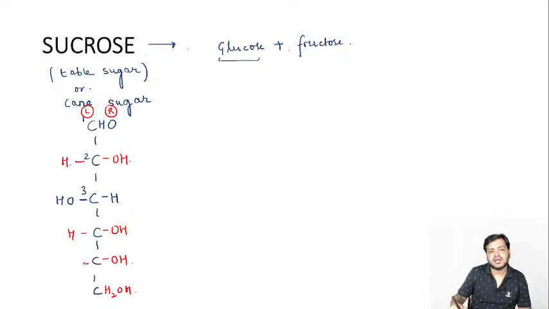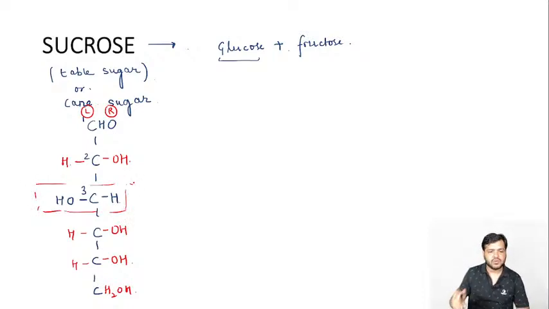Only at the third carbon you can see a major change. So that is the simple structure of glucose.